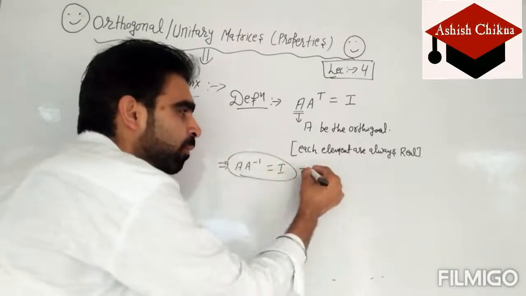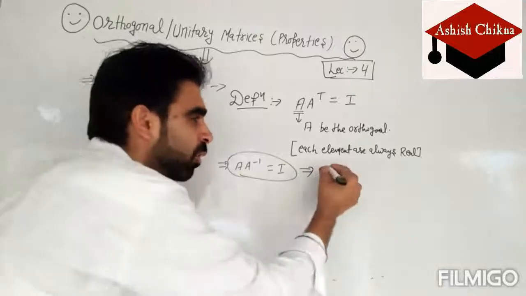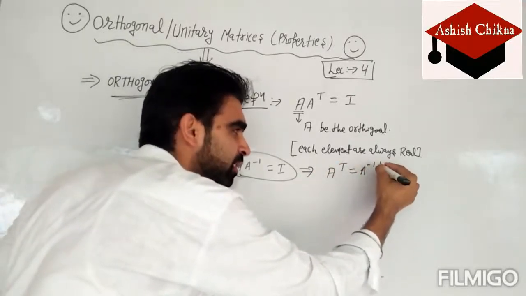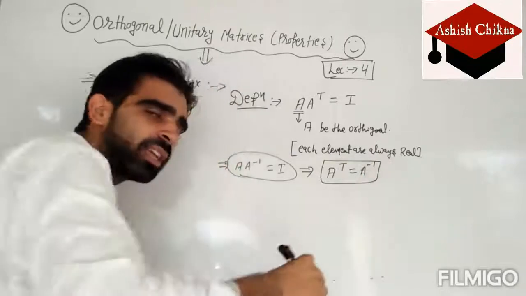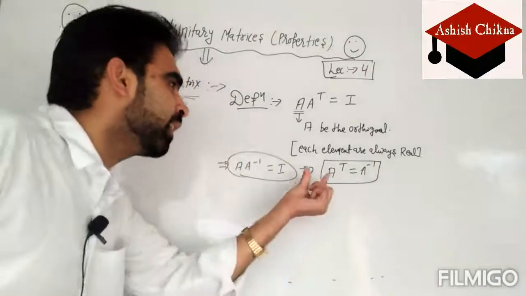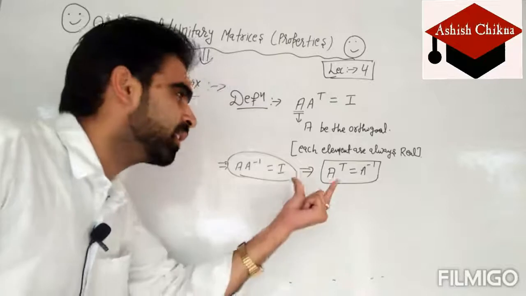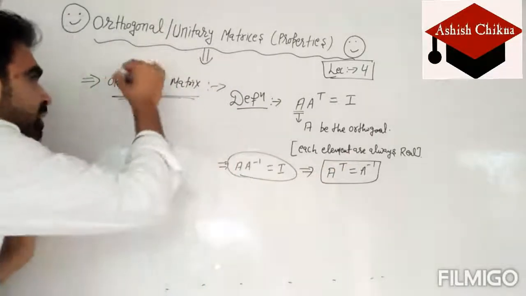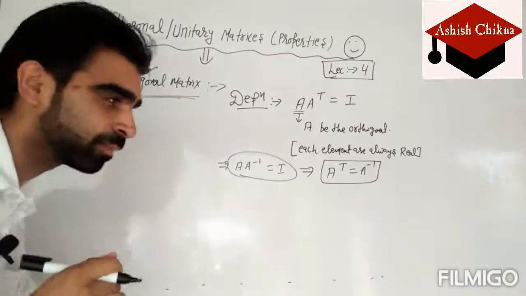This form is also known as A transpose is equal to A inverse. So the definition: if A transpose is equal to the inverse of A, then A is known as an orthogonal matrix.